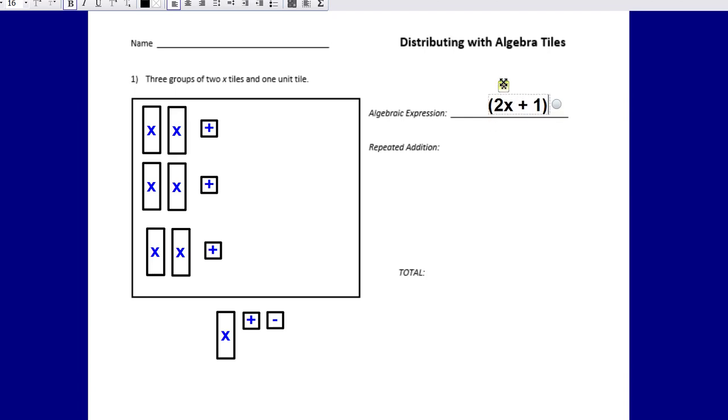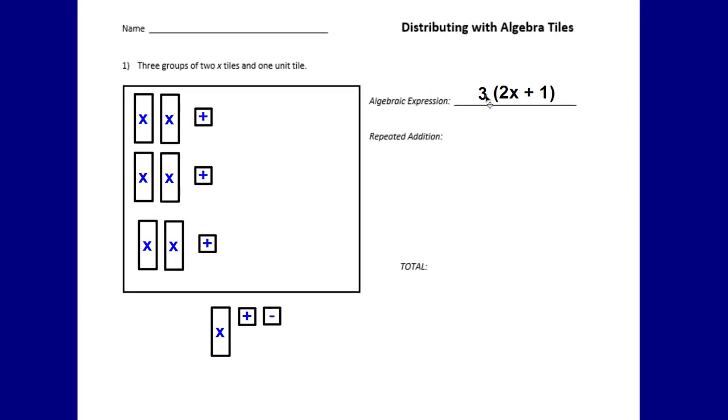So the group is actually 2X plus 1. And then on the outside of the group, to the left, you're going to write the number that you want. How many groups are you wanting? In our example, we want 3 groups. So this would be how you would write the algebraic expression. 3 groups of 2X plus 1.